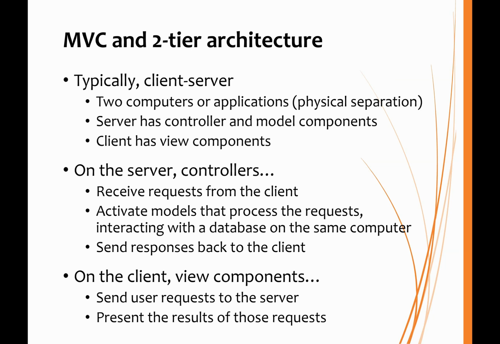On the server, controllers receive requests from the client and will then activate those components that will deal with the requests. These are the model components. They will interact with the database and then send responses back to the client. And on the client, the view components will allow the user to send requests to the server and present the data that has come back from the server.